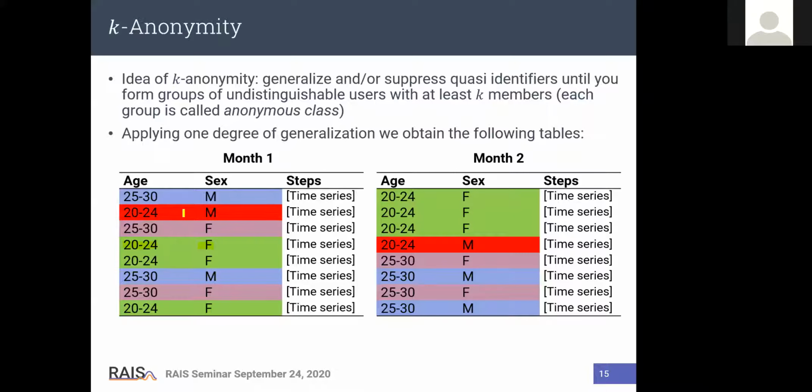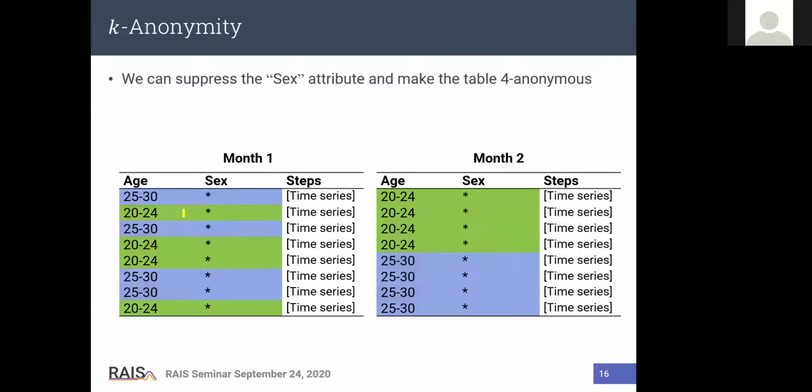And so we have to further either generalize or suppress information. Let's say we suppress the sex attribute, and in this way we achieve 4-anonymity because all the entries in the table are repeated at least 4 times.